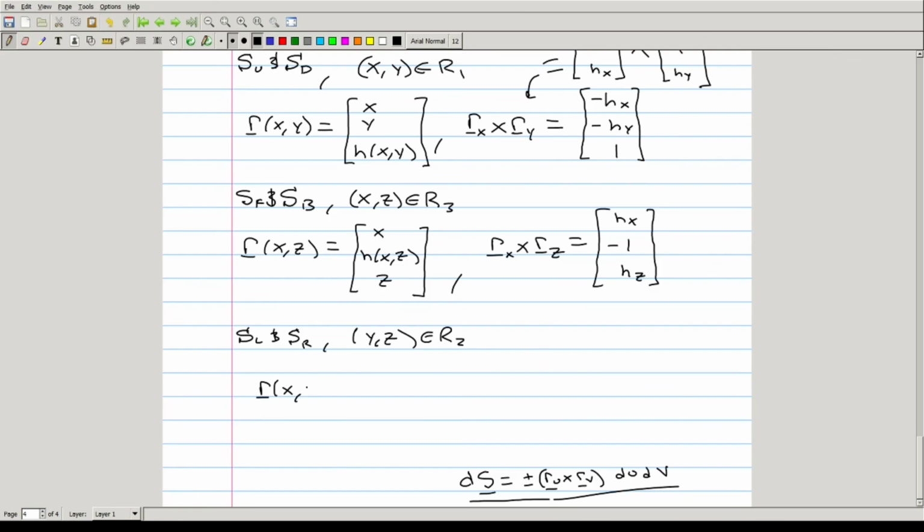The most natural parameterization for both is in Cartesian coordinates, going to be some function h of (y, z), where this is going to be x_L or x_R depending on which of these surfaces we're talking about. And then it'll be y and z, which will give us r. Sorry, there should be h of r of (y, z) here.